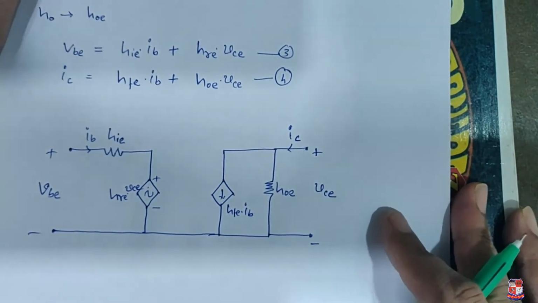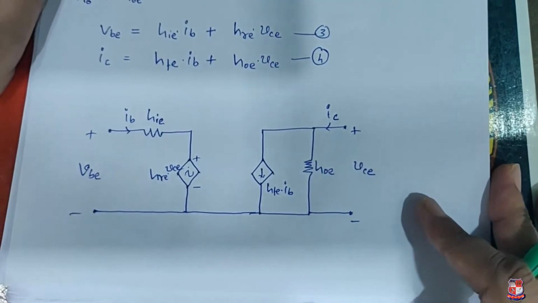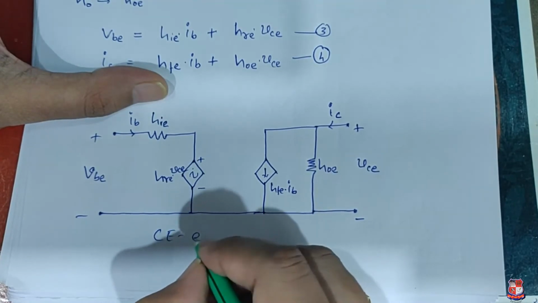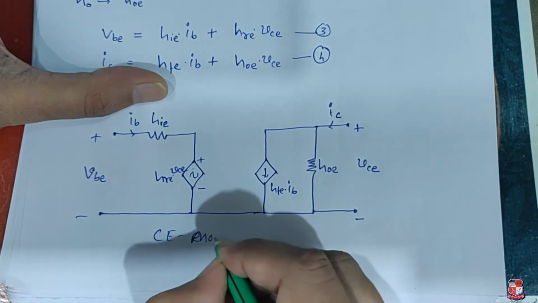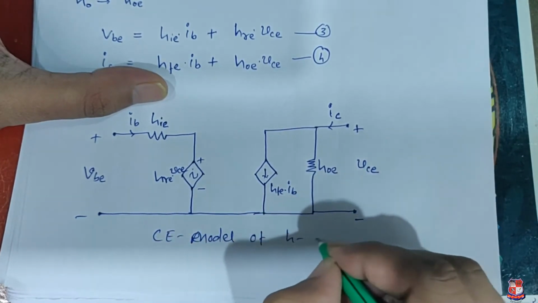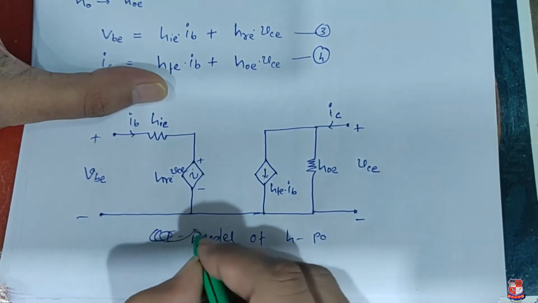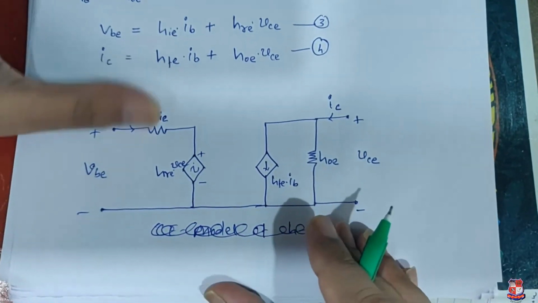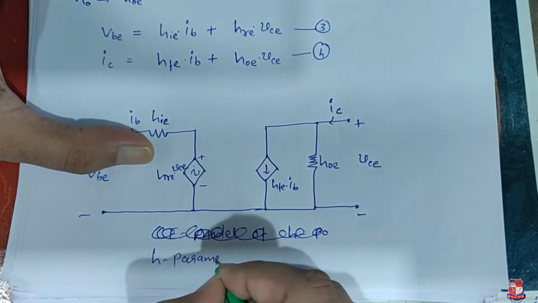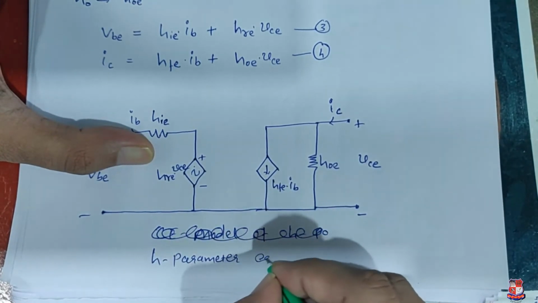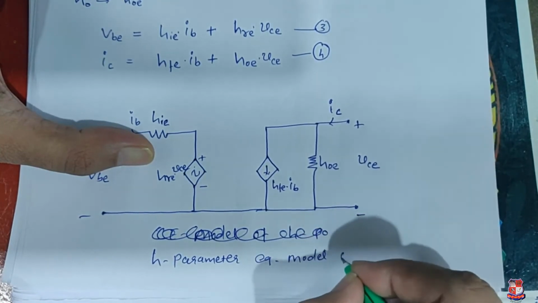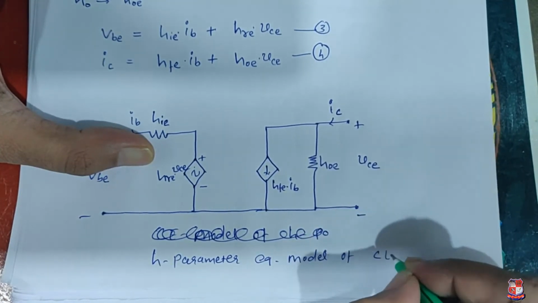Okay, so we can draw a CE equivalent CE model of H parameter. Sorry, we have to give the name like this: H parameter equivalent model of CE configuration.